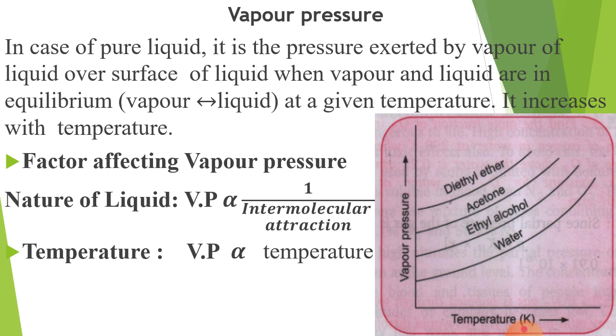That's why the ethyl alcohol has less H bonding. Acetone, due to presence of CO, has difference in electronegativity. The acetone is a polar molecule and hence has dipole-dipole interaction. Diethyl ether is also a polar molecule but polarity less than acetone.